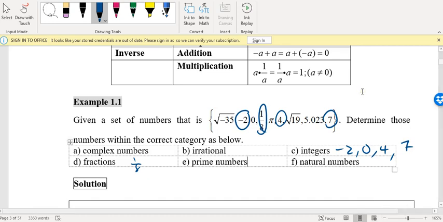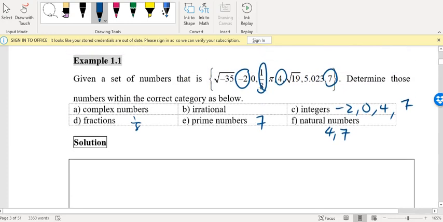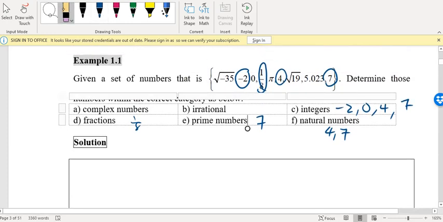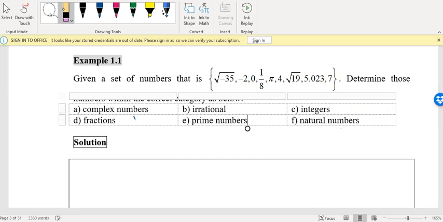The answer is 7, because it can be divided by itself and number 1 only. Natural numbers? Yes, counting numbers, that is 4 and 7. So later you just fill in the blank. Let us proceed.